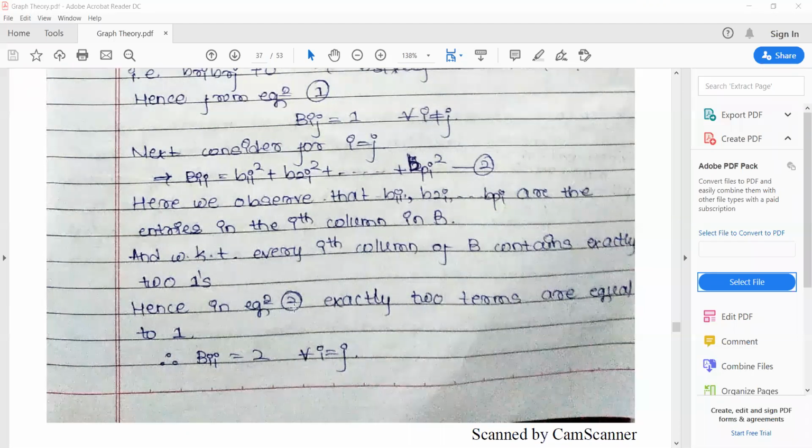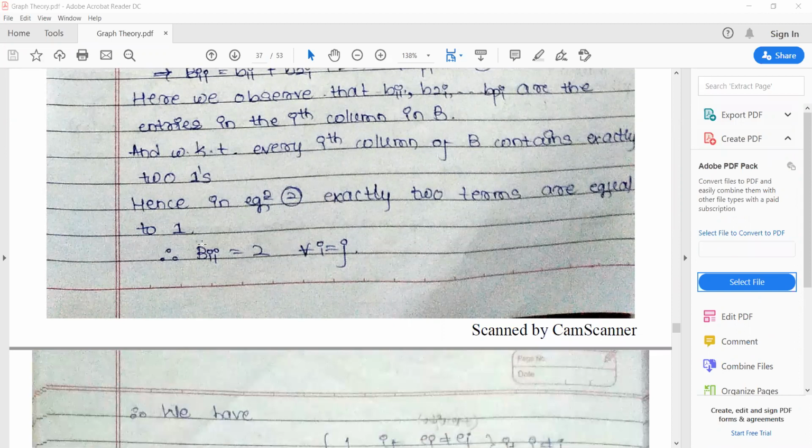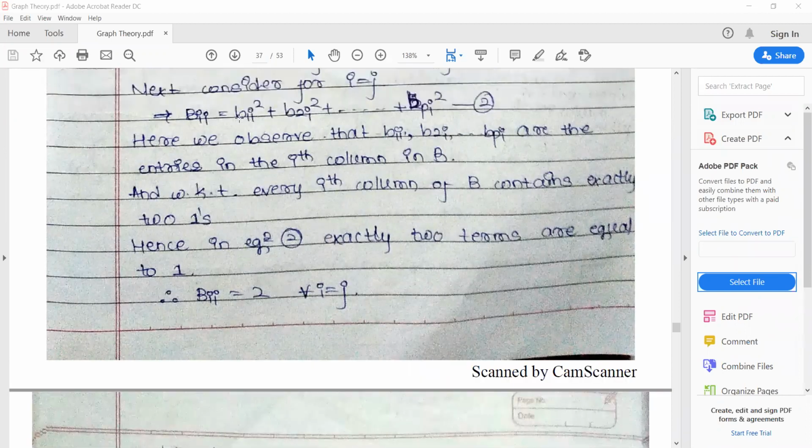So in this equation 2, exactly 2 terms are equal to 1, because we have already noted that every column contains exactly 2 ones. Therefore b_ii equals 2, because exactly 2 terms are 1, and 1 plus 1 is 2, for all i equal to j.